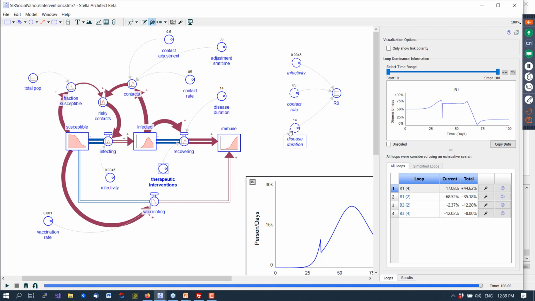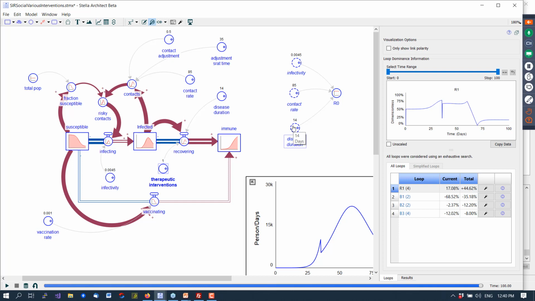So if you have a really long disease duration, think hepatitis C, for example, even though it has a relatively low infectivity, or you can think of it as a low contact rate, it's not something that's passed casually, it has a fairly high R0 because it has such a long disease duration. COVID-19 has, relative to diseases like the flu and colds, a very long duration, very short relative to something like hepatitis C, obviously.